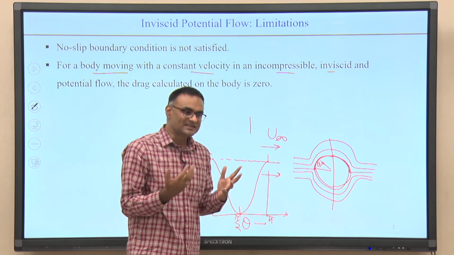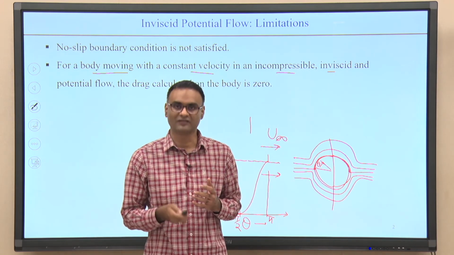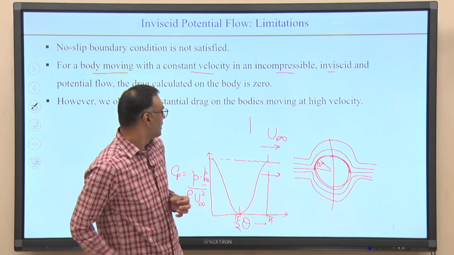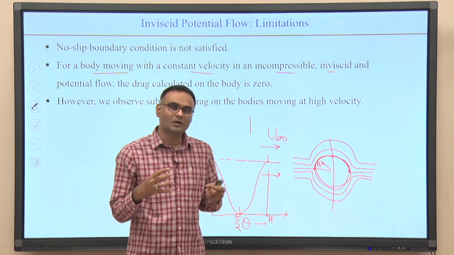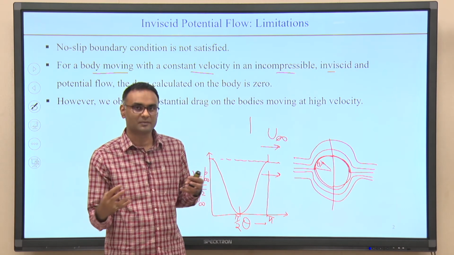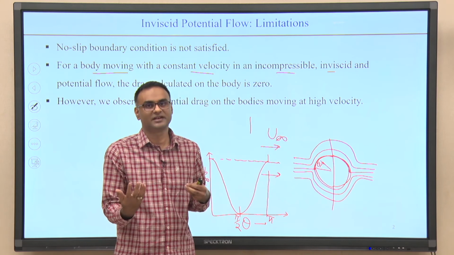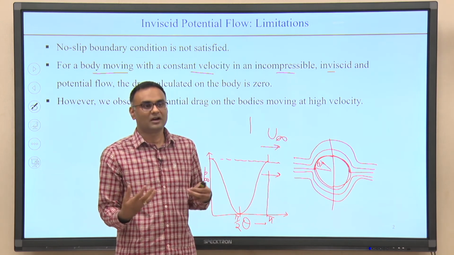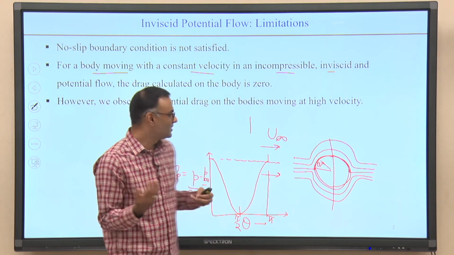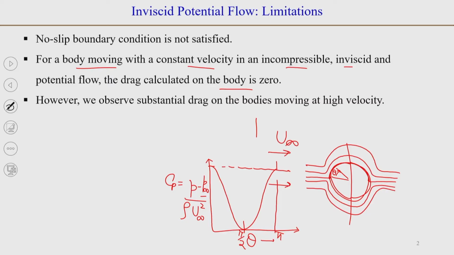So, this is a paradox, because when we experience any body which is moving in air, it may be in water, for example, a car moving in air, it experiences a drag. So, what we observe in our day to day life, the results shown here is counterintuitive, or it is not predicted by the theoretical analysis.